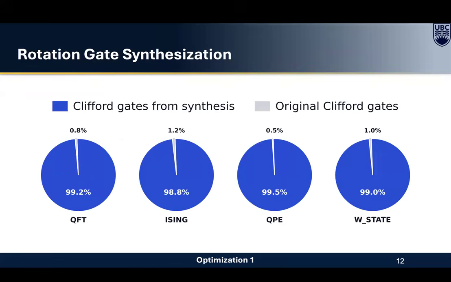So first of all, the Cliffords from rotation synthesis. Without jumping into what rotation synthesis is, I'm first going to show that whenever your quantum circuit contains single-qubit arbitrary rotation gates, then once you convert that circuit into Clifford plus T form, almost 99% or more of the Clifford gates actually result from those rotation synthesis.